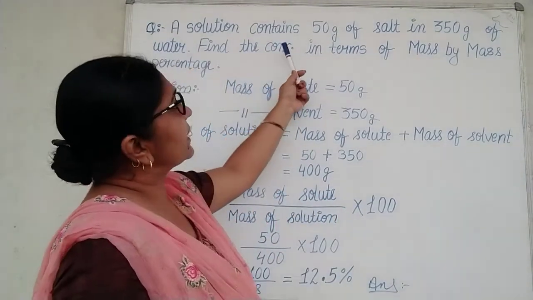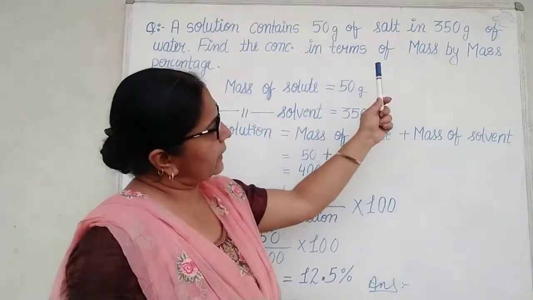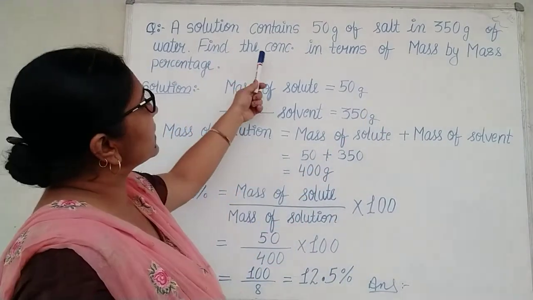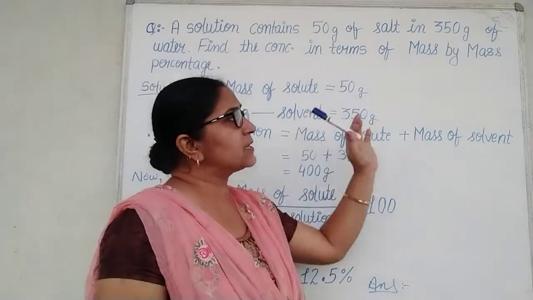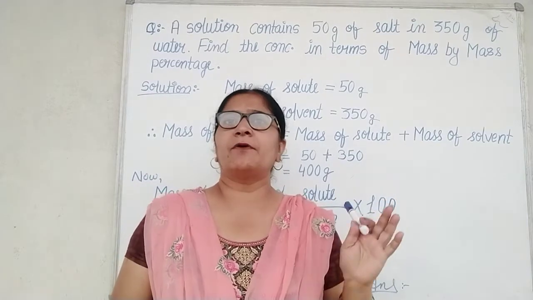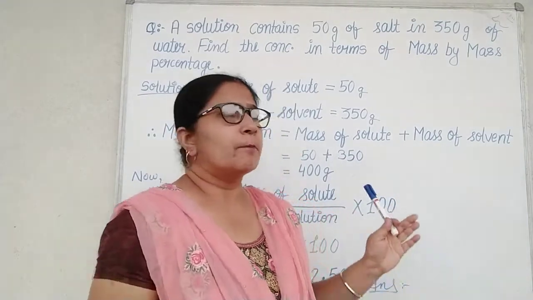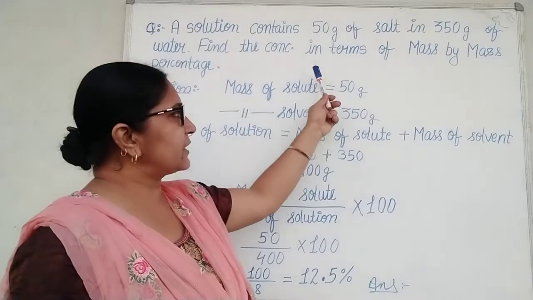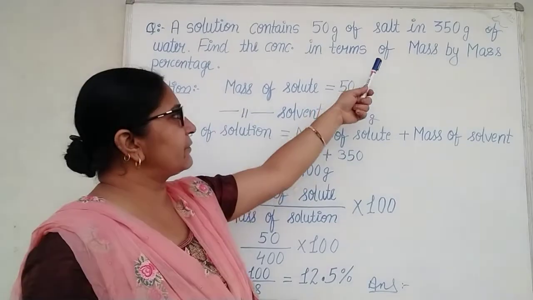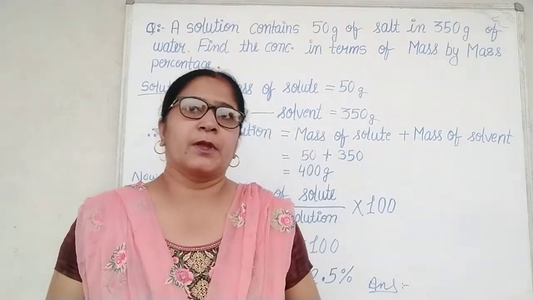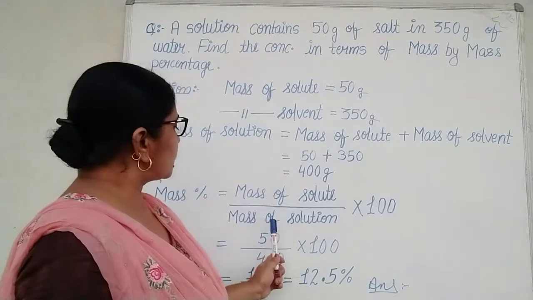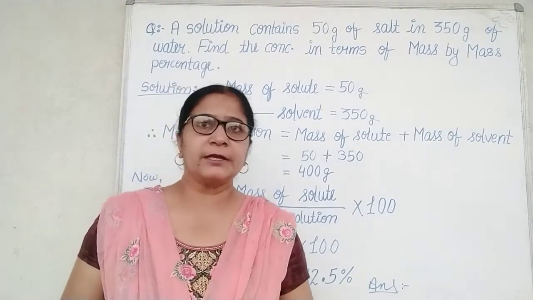A solution contains 50 gram of salt in 350 gram of water. Find the concentration in terms of mass by mass percentage. So, in our question, mass of solute is given as 50 gram and mass of solvent is given as 350 gram. But according to our formula, we need mass of solution, right?